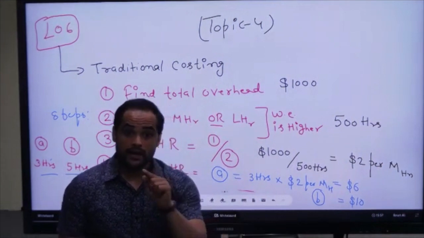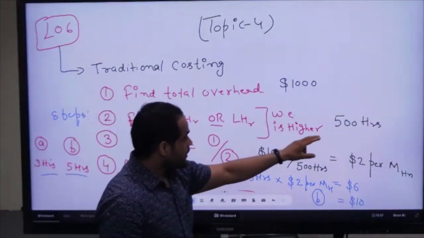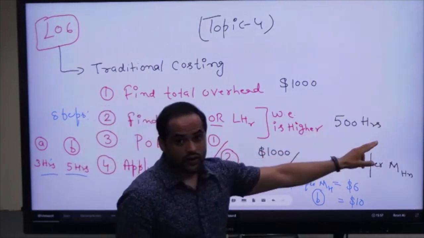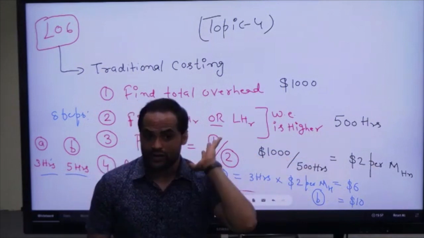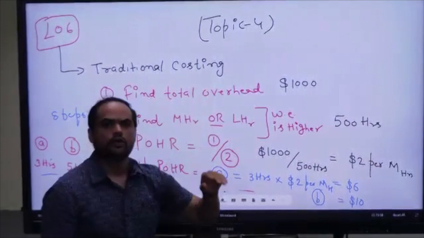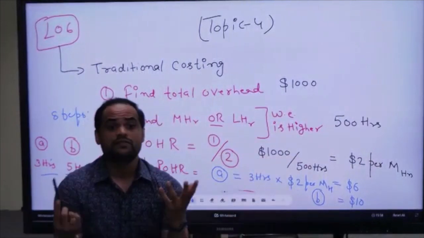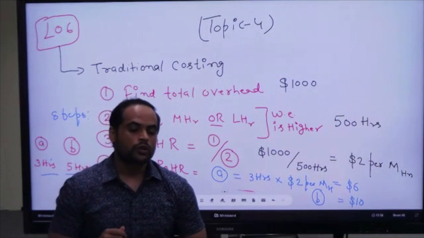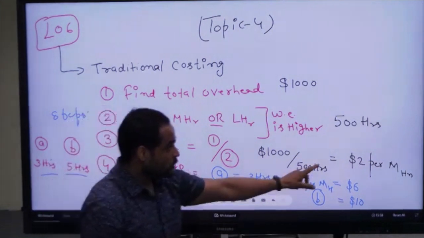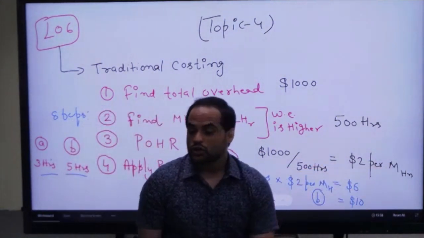But if in your question, 500 hours are labor hours, for example, machine hour 300, labor hour 500, then whichever is higher, we use labor hours, 500. So that means $2 per labor hour.